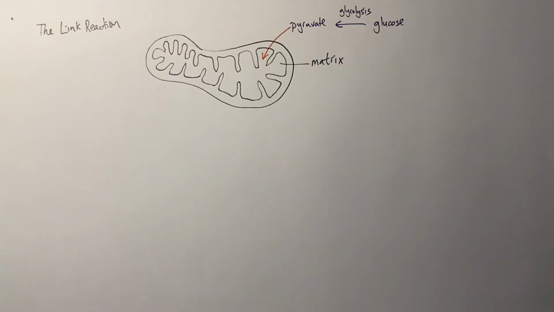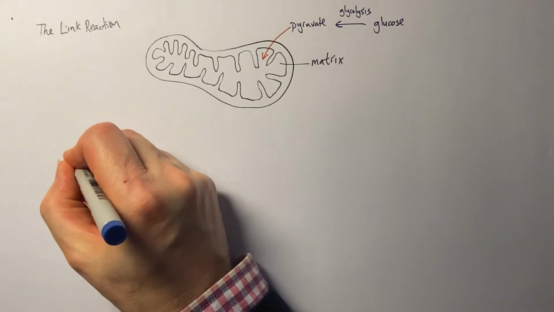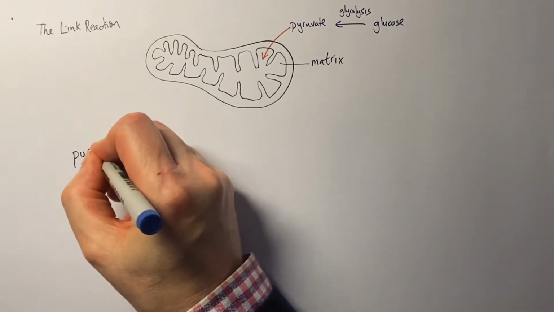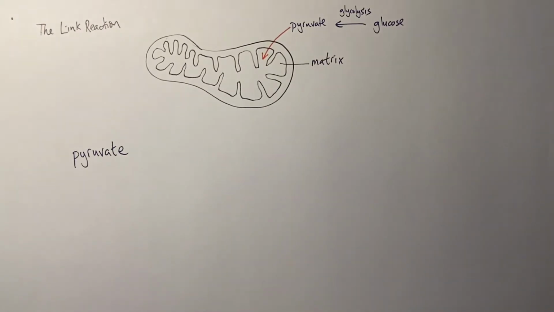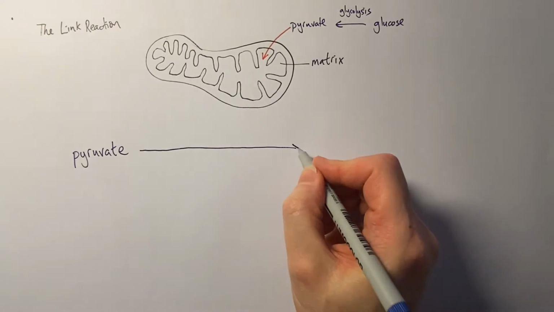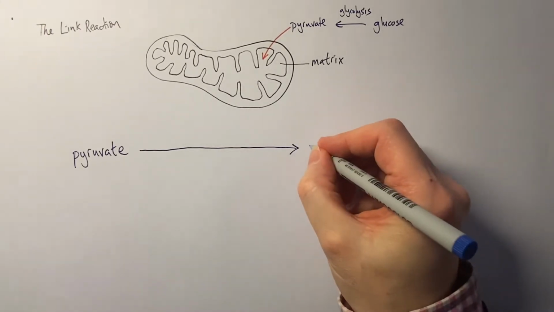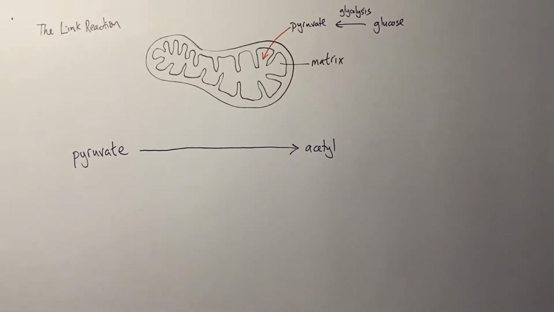Pyruvate undergoes a reaction which actually has two parts to it. Pyruvate is converted into an acetyl group, and that acetyl group then goes on to the next stage.